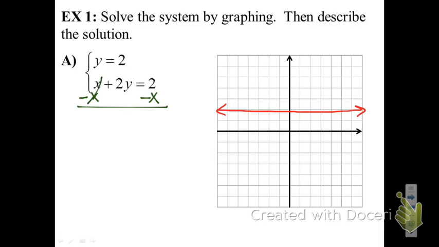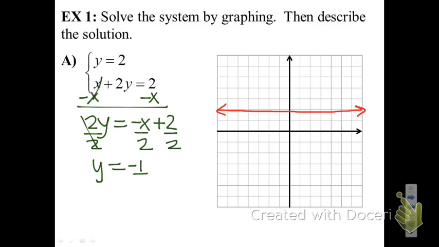It will cancel on the left, and you're left with 2y equals negative x plus 2. Then to get y alone, divide everything by 2, and it leaves you with y equals negative 1/2 x plus 1. From there, you'll identify your slope as negative 1/2 and your y-intercept as 1. And we use those two pieces to graph that line.